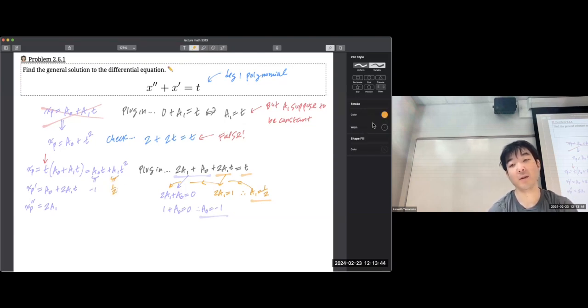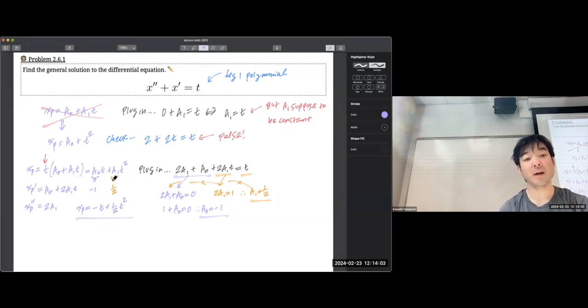And so your particular solution is just going to be equal to -t plus half t squared. And this, unlike this weird thing, will satisfy the differential equation if you plug it in.